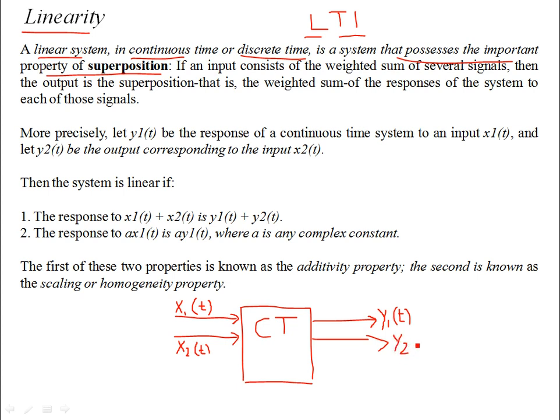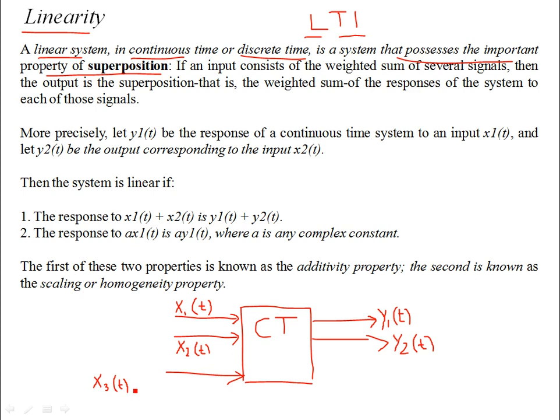Now, to check if the system is linear, you apply a third input, that is the superposition of the two inputs, x3(t).